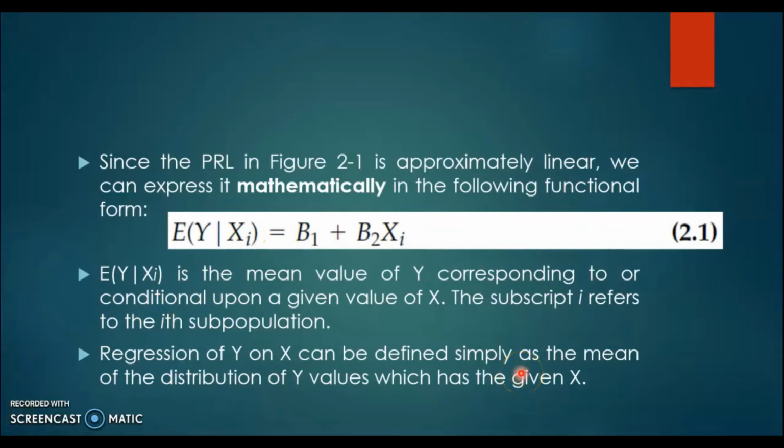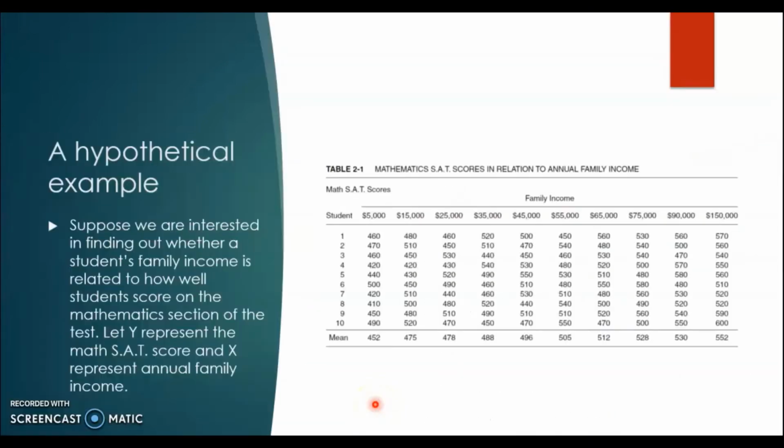In other words, the population regression line, or PRL, is a line that passes through the conditional means of Y. So if we refer back to the subpopulations, as I said before, we have 10 subpopulations if we are referring to the example of the math SAT score. So when X is equal to 5,000, 5,000 represents the first group of income. If I can show this table to all of you again.